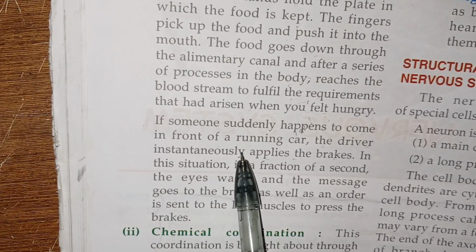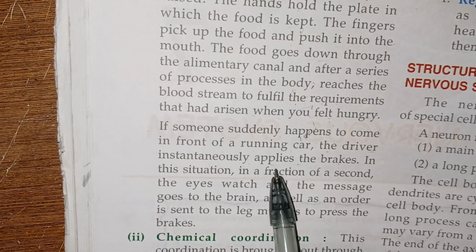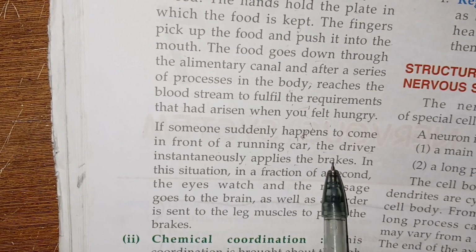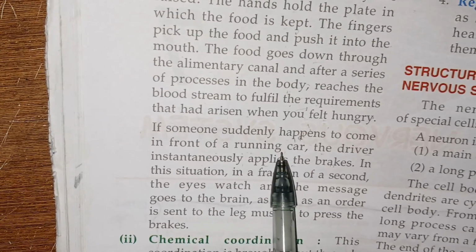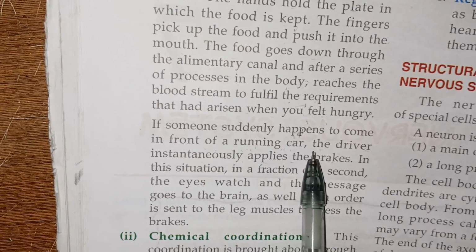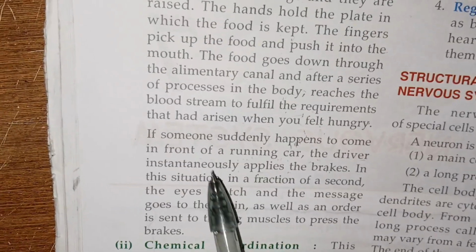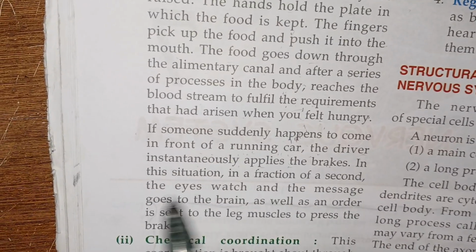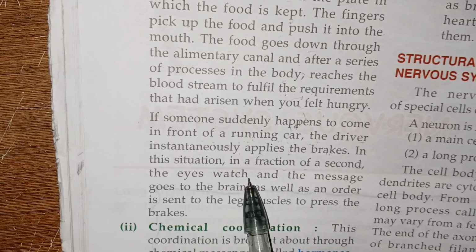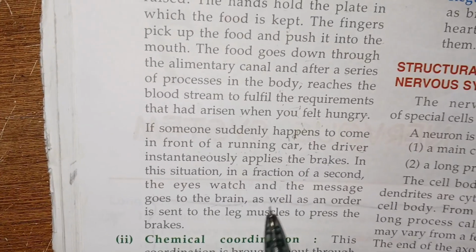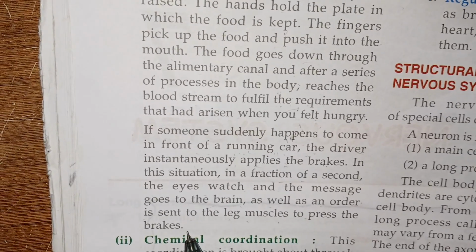While traveling by car or bus, the driver immediately applies the brakes when he finds something coming opposite towards him. That's what we have to understand. So in this situation, in a fraction of a second, the eyes switch and the message goes to the brain as well as an order is sent to the leg muscles to press the brakes.